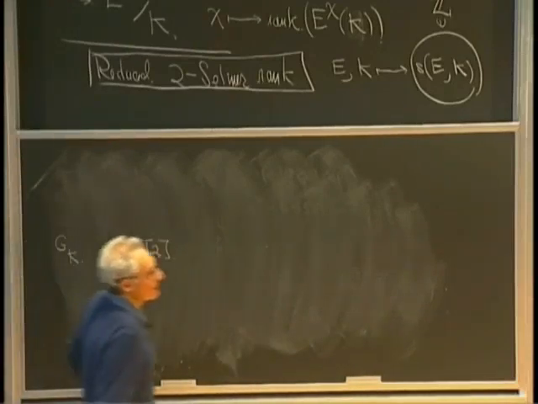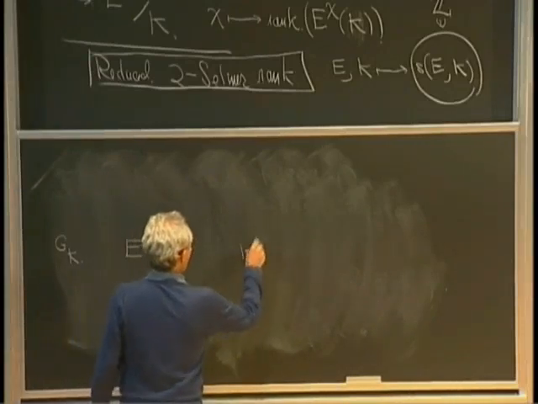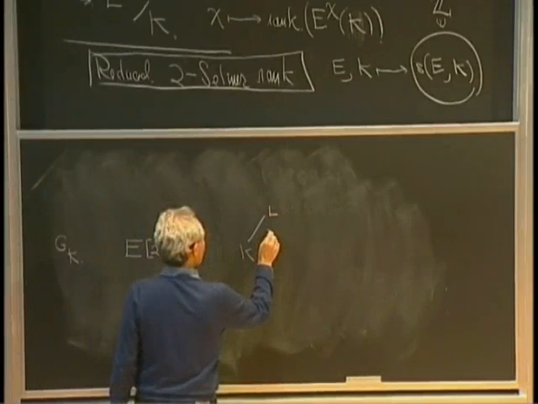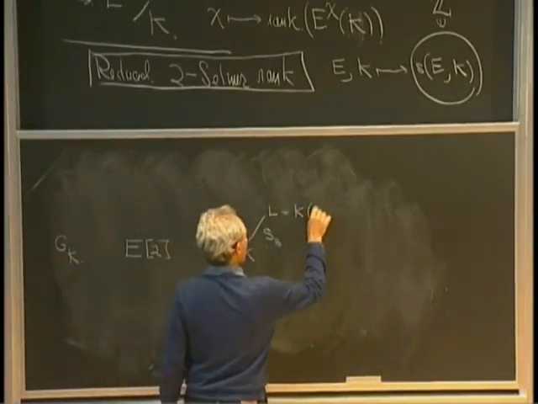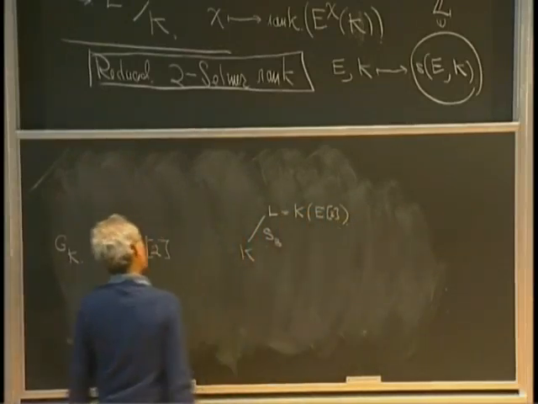And in our case, that simply defines a field extension with Galois group the symmetric group S3. I'll call it L. So L is K with the coordinates of the two torsion adjoined.